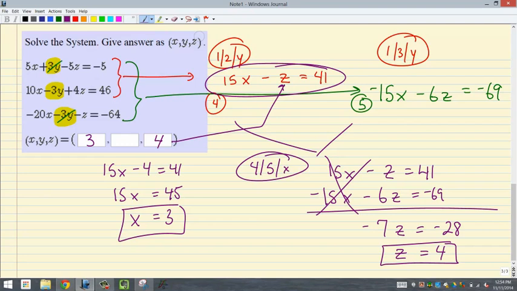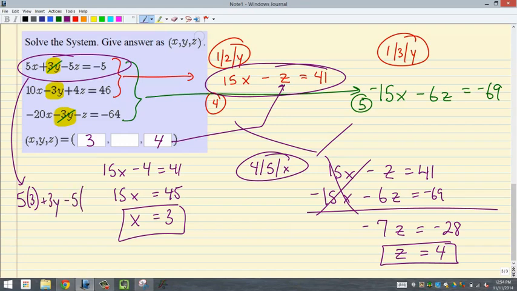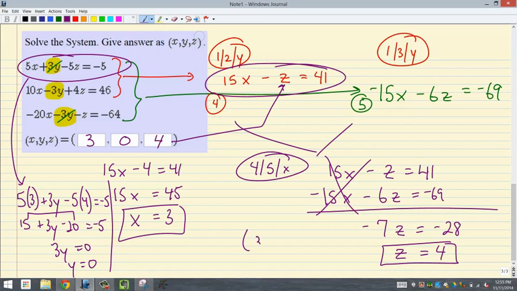Now take the value you have for z and the value you have for x and back substitute into one of the original equations. So we'll take the first equation and we'll say 5 times x, 5 times 3, plus 3y minus 5 times z, which is 4, equals negative 5. Y equals 0. So your ordered triple is 3, 0, 4.